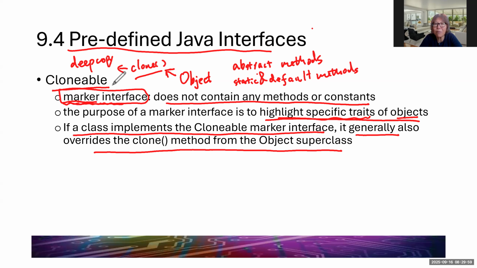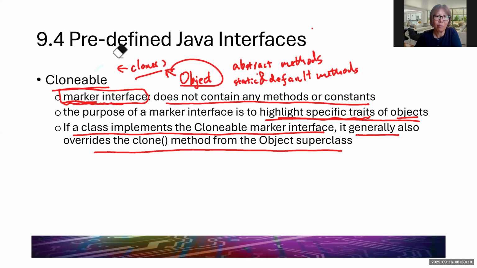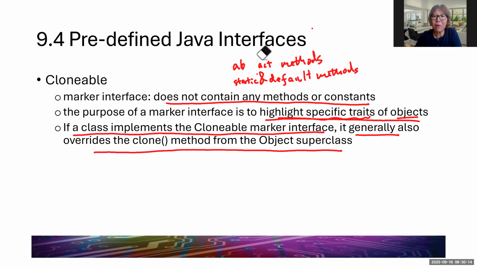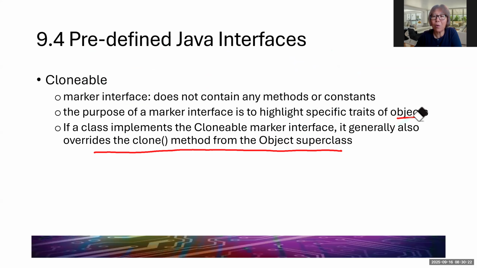That's the relationship between Cloneable and the clone method. The clone method itself doesn't belong to the Cloneable interface. This method comes from the Object class. So be careful about this concept and keep that in mind. The Cloneable interface is a marker interface. There is no implementation, and it doesn't have any method or constants.